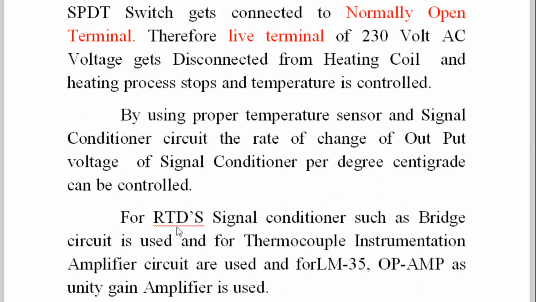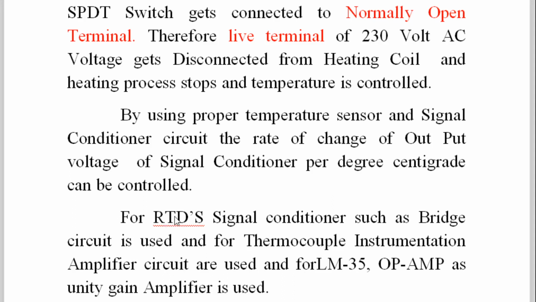For RTDs, now what are the signal conditioners here? RTD means resistance temperature detector, which is manufactured by using metals only, and therefore the temperature coefficient of RTD is normally PTC, positive temperature coefficient. Why do RTDs have a positive temperature coefficient?